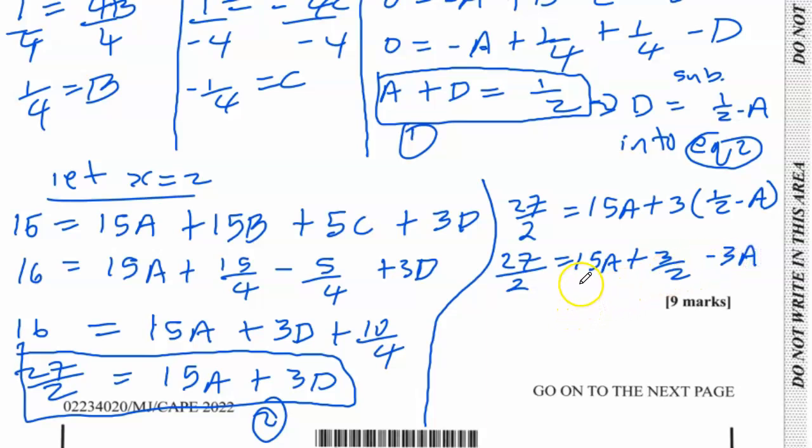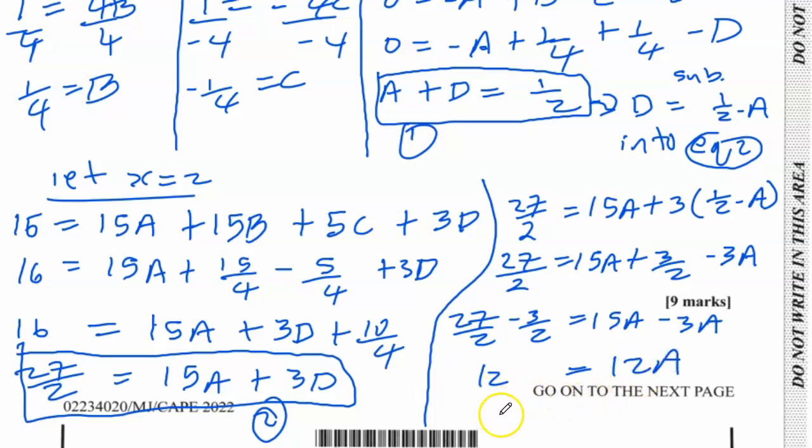What can we do next now? We can group the a's. So we have 27 over 2 minus 3 over 2 is equal to 15a minus 3a. Now what's 27 over 2 minus 3 over 2? That's 24 over 2, which is 12, and 15a minus 3a, that's 12a.